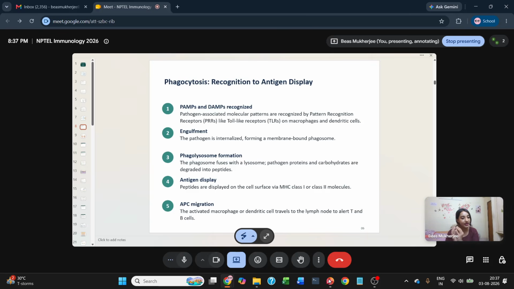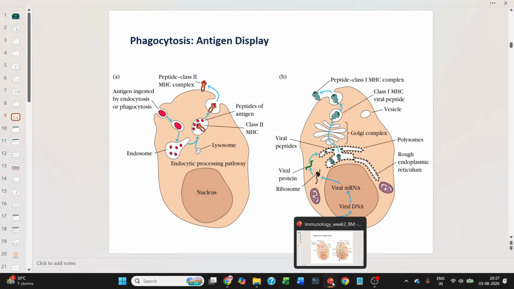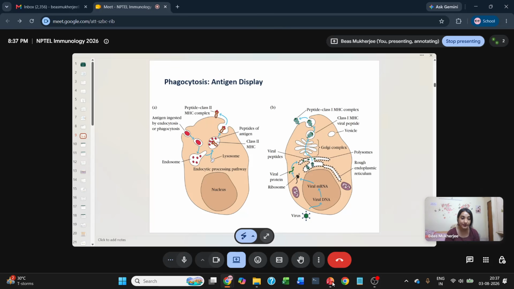So this dendritic cell or this macrophage now travels to the lymph node presenting this antigen on its surface, so that either TH cells or cytotoxic T lymphocytes can identify these antigens presented on the surface and they act upon it. Okay. So this is how antigen display happens.